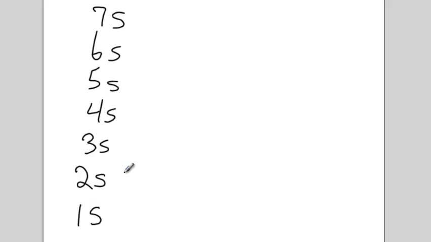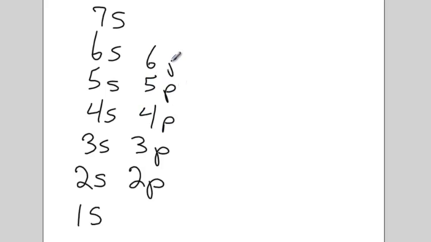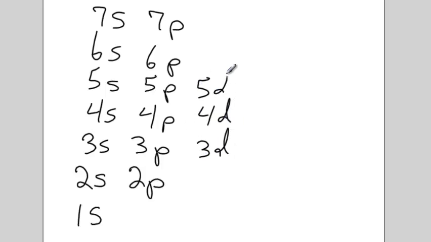so you're okay. Next to the 2s, write 2p, 3p, 4p, 5p, 6p, 7p. Then, next to the 3p, 3d, 4d, 5d, 6d, 7d.